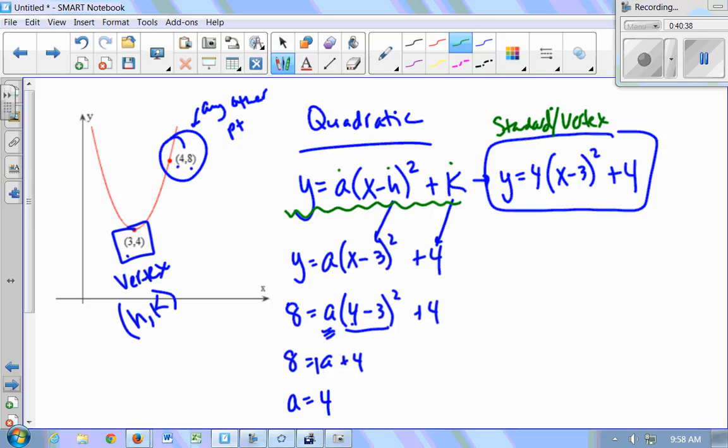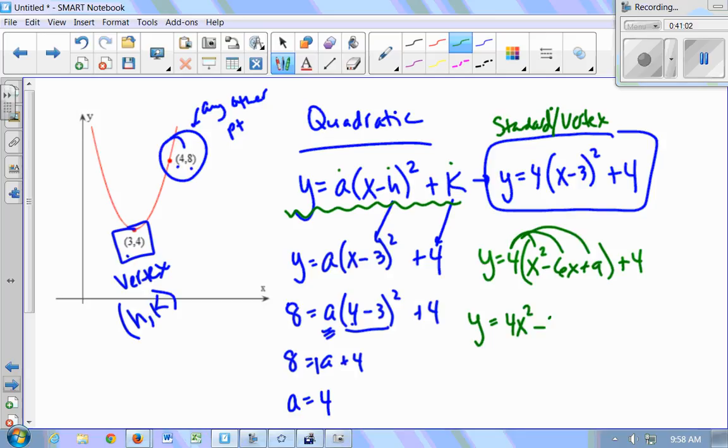Polynomial form is just if you multiply this out. So I would multiply x minus 3 times x minus 3, because that's what x minus 3 squared means, right? So if you FOIL x minus 3 times x minus 3, you get x squared minus 6x plus 9. And then I'm going to distribute this 4. So I get 4x squared minus 24x plus 36.